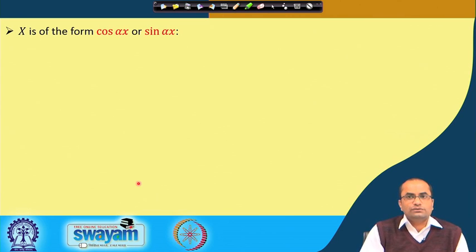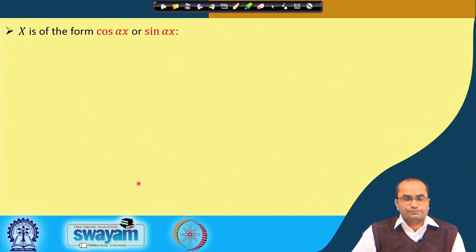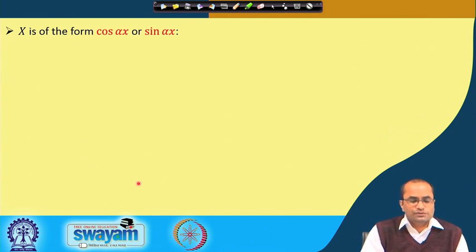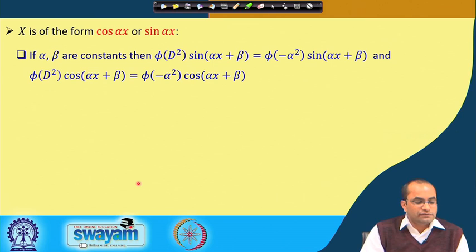Now, we will continue our discussion for when the right hand side is of the form of a cosine function or a sine function. In that case, can we also derive some direct results which can be used to get the particular integrals?